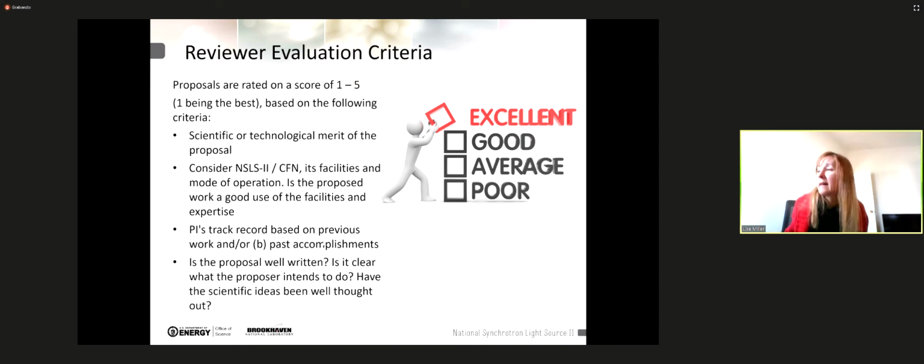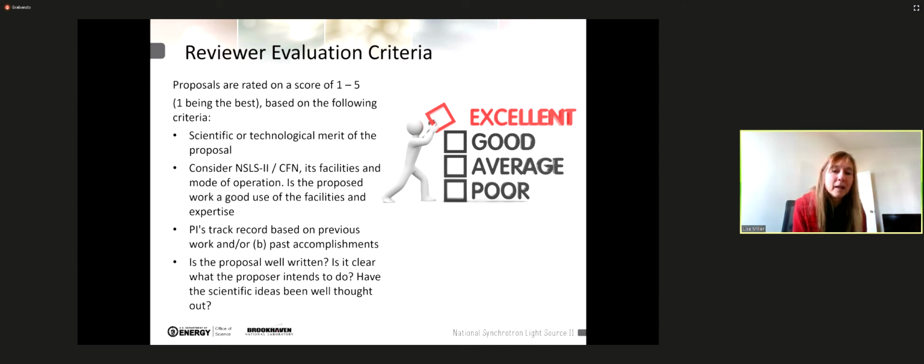And then, is the proposal well written? Is it clear what the proposers want to do, and have the scientific ideas been well thought out? We very often see beam time proposals that are just copies and pastes from grant proposals. It's a good place to start, but copying, pasting and submitting is not going to include the information that we really need to hear, like justification of the beam time.